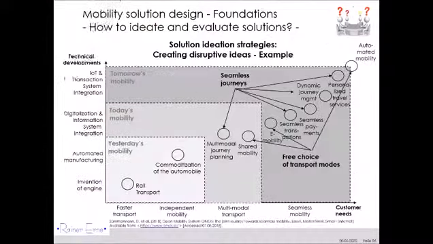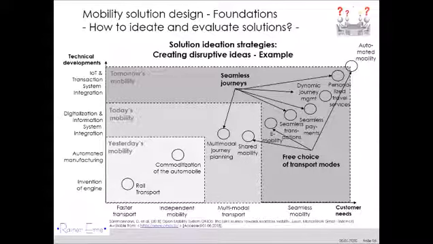The next, or the opposite, is what is called in innovation management, disruptive ideas. So ideas which really disrupt existing solutions.